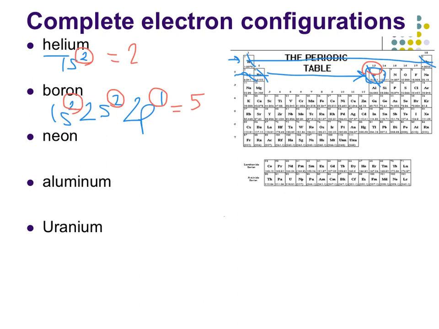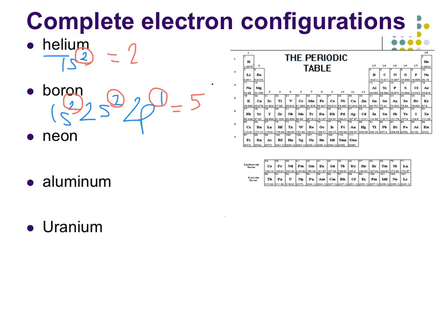So what we're really writing as these superscripts are the electrons. We're writing where each electron can be found. Helium would have 2 electrons in the 1s orbital, and that's it. Boron would have 2 electrons in the 1s orbital, it would have 2 electrons in the 2s orbital, and it would have 1 electron in the 2p orbital. We are writing out how these electrons are spaced inside of the atom.